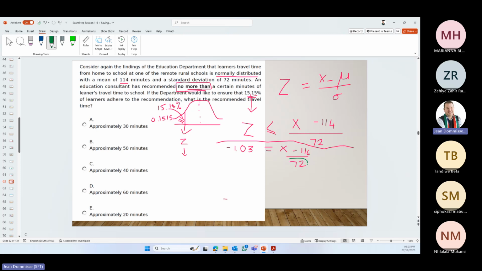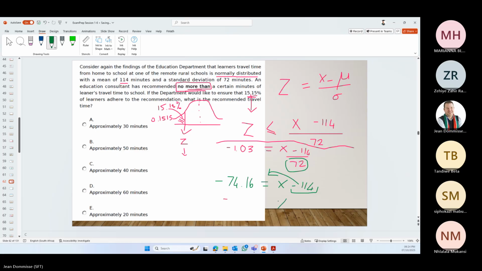So get rid of the 72. We're going to multiply on both sides with 72. So negative 1.03 times 72 is minus 74.16 on the left-hand side, equal to X minus 114. Then taking the minus 114 over to the left-hand side, it becomes plus 114.